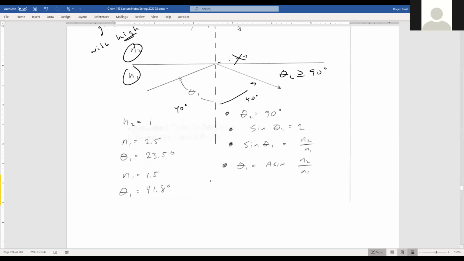But at this N1, N2 interface, where this total internal reflection is taking place, there is some electric field strength from this radiation that leaks out into this rare medium out here, right? And so there's a region of space here where the electric field is evanescent.